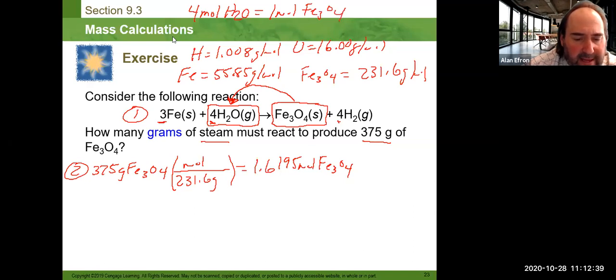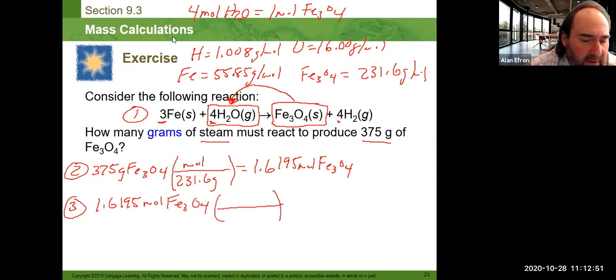So we're going to use that for step number 3 here to convert it into what we're really looking for. So taking our number from the previous step, we're going to do the stoichiometry part. Again, we want to get rid of the Fe3O4, so that's going to go on the bottom.